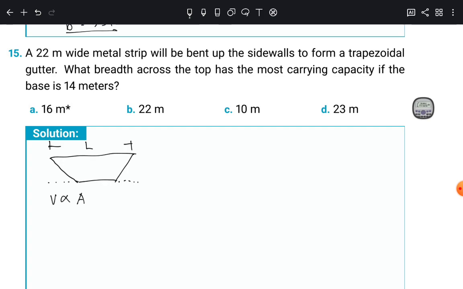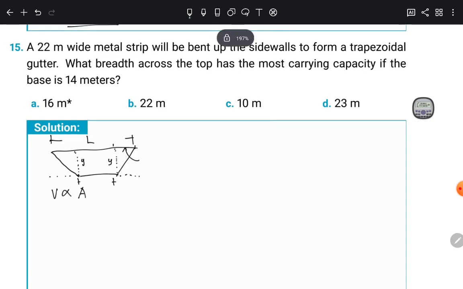And what will be the area of a trapezoid? So this will be our base here. And let's call this length here y. Then if that is y, what will be the length from here to here?